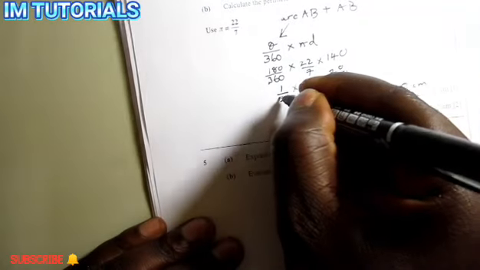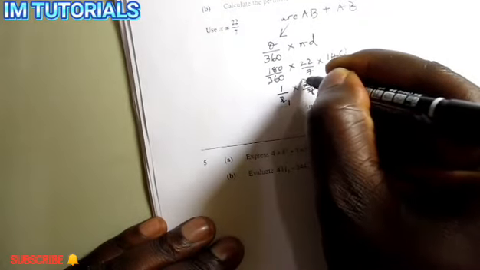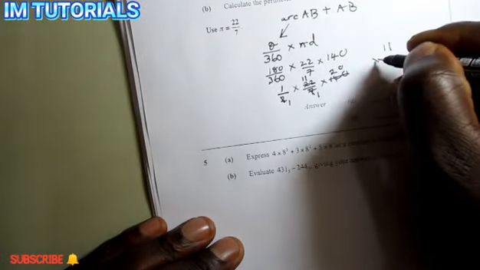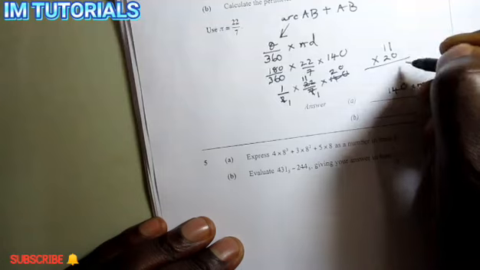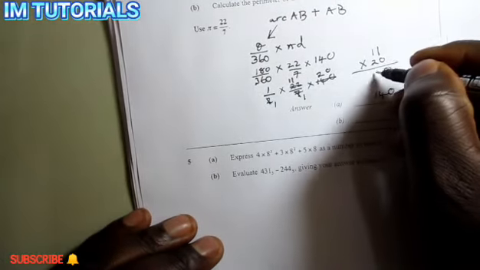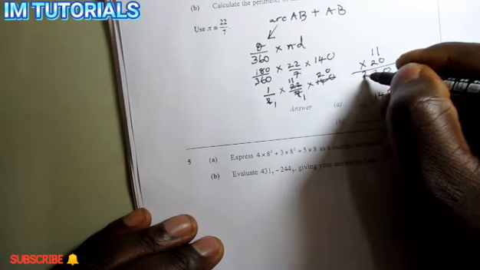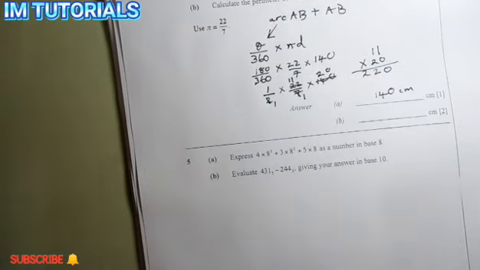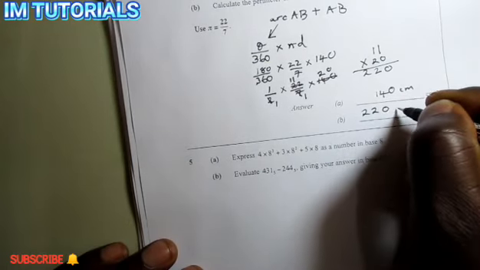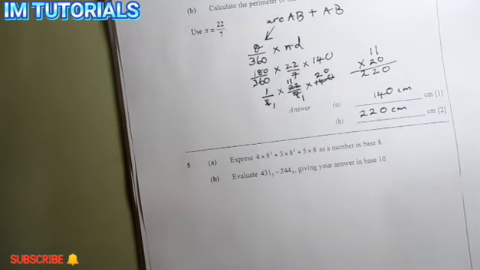Then 2 into 2 is 1 and 2 into 22 is 11. So your answer is going to be found by multiplying 11 and 20, where 0 is going to become your placeholder. 2 times 1, you get 2. 2 times 1, you get 2. Then if you multiply everything by 0, you get 0. So your final answer here is 220 centimeters. I hope you are listening, class.